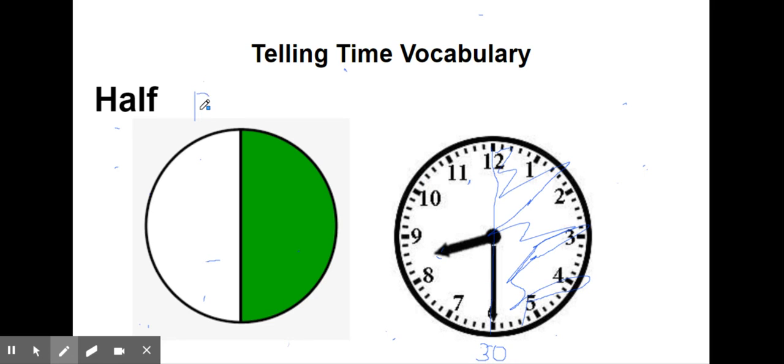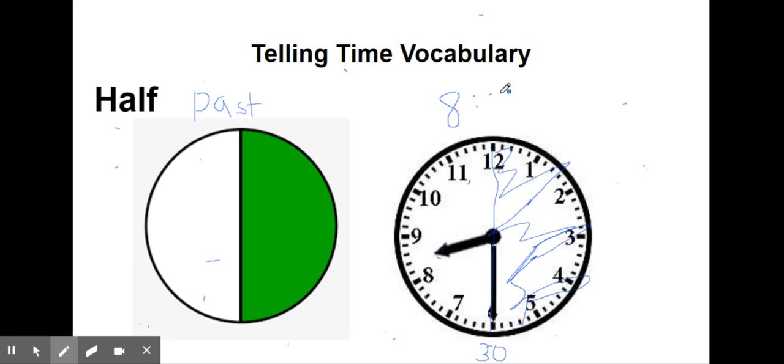So here on this clock, let's see if we can tell what time it is. We start by looking at the hour hand. I see that the hour hand is in between the 8 and the 9. When it's in between 2 hours, we go to the hour that comes before. So it's the 8. So I'm going to write 8 and then I'm going to put my 2 dots, 8, and I know that the minute hand is at 30, 5, 10, 15, 20, 25, 30.